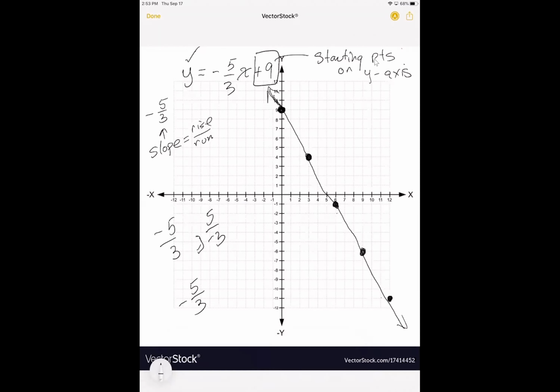But if you were to have a +5 and a -3, well, +5, we have to go up 1, 2, 3, 4, 5. Negative tells me to go to the left 1, 2, 3. It's the same idea, right? Go up 5 over to the left 3. We get to that same point. And if we were to have that, they tell you go up and to the left.